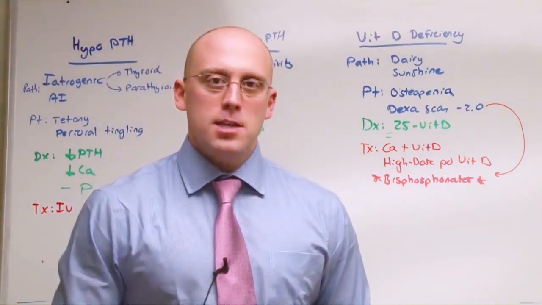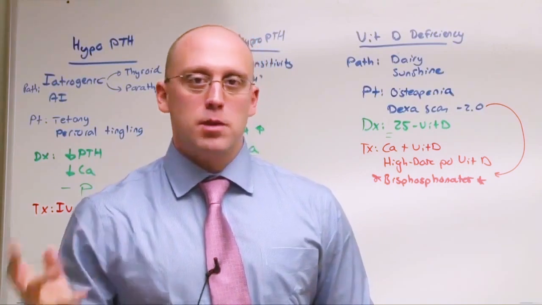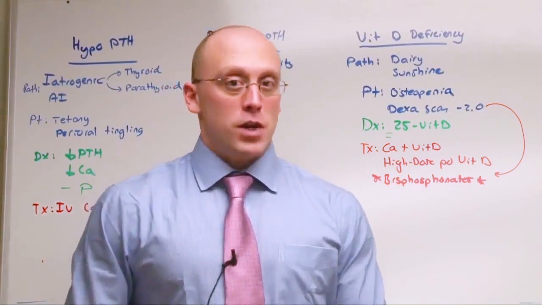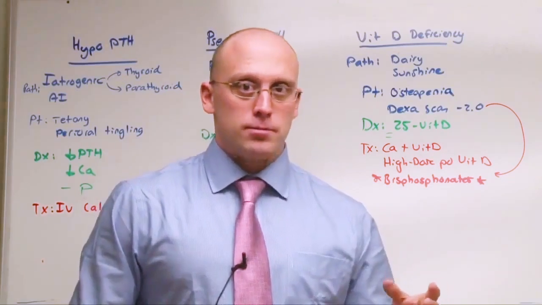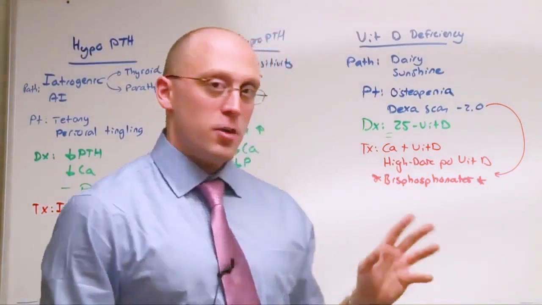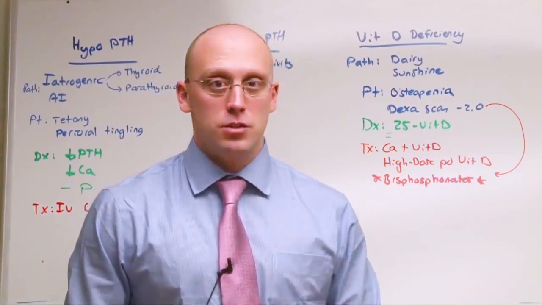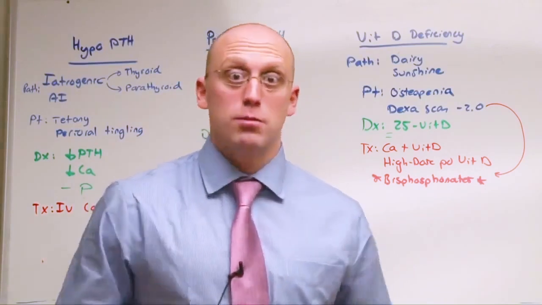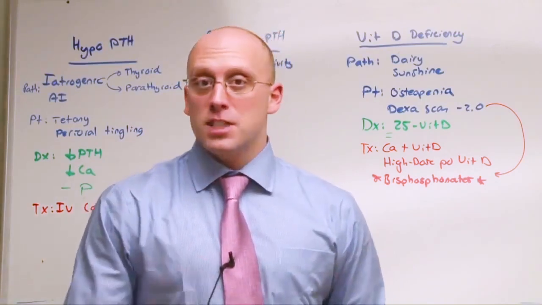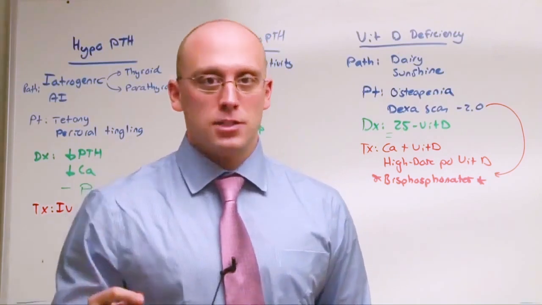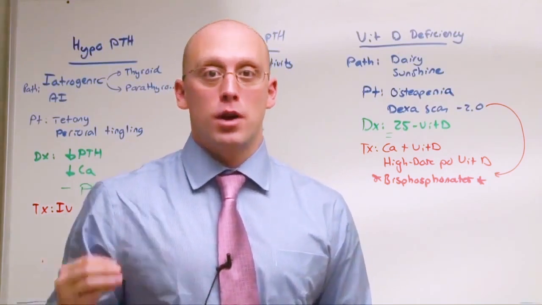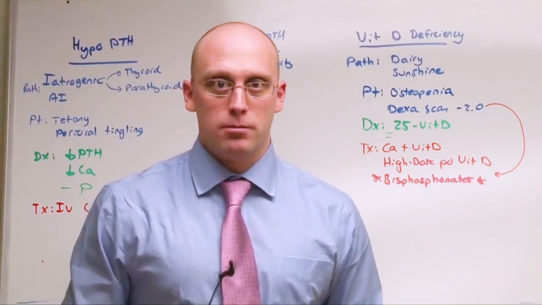But what you want to see is not severe disease, PO replacement. Severe disease, IV replacement. Bisphosphonate therapy is used for significant osteopenia, generally secondary to vitamin D deficiency, so you treat them both. And bisphosphonates can be used in hypercalcemia, especially when it's very, very elevated and they are symptomatic.